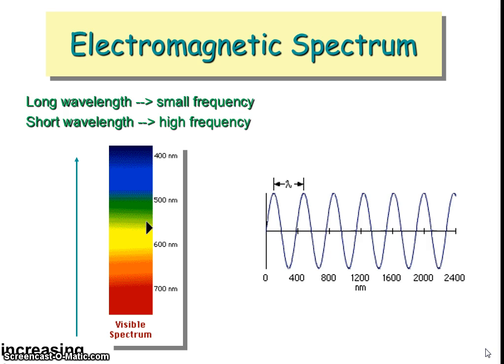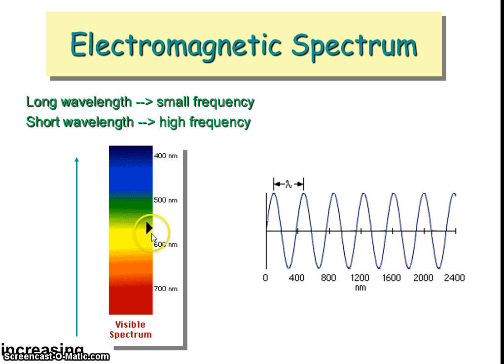And this slide is showing a portion of what we call the electromagnetic spectrum, and this is showing frequencies that we can see. Remember that they are inversely proportional to each other, so the fact that this one has a smaller wavelength means it has a higher frequency.